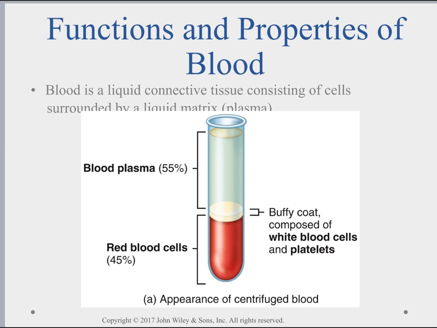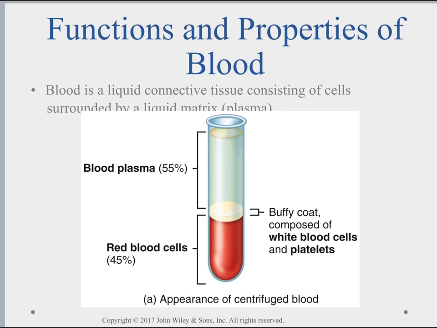Now, as far as its functions and properties, if you recall from our AP1 lecture, blood is a liquid connective tissue. The majority of it is plasma, which is made up of water, but it consists of cells surrounded by a liquid matrix, again, plasma.